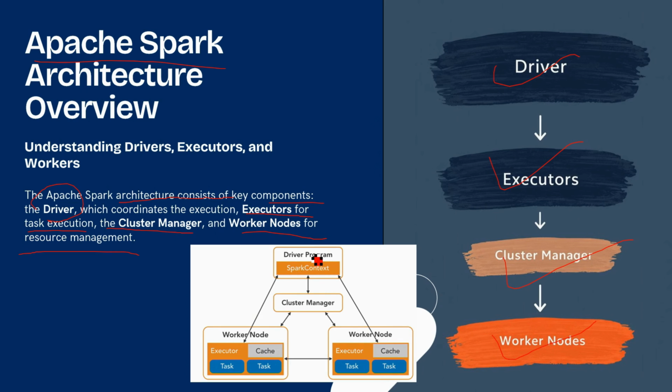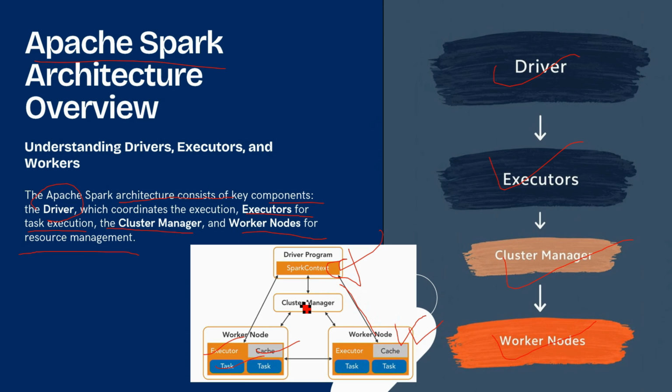In all, in simple terms, you can see the driver program is there, with the help of a Spark context or session. It will connect with a worker node, and in the worker node we will have an executor, with multiple tasks. More than one task will be there, and more than one worker node will be there.